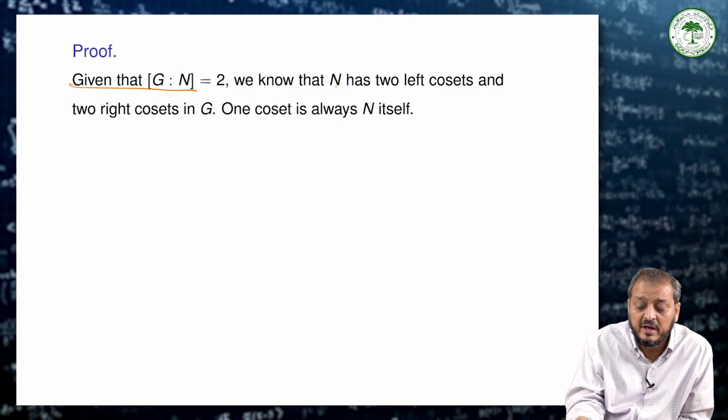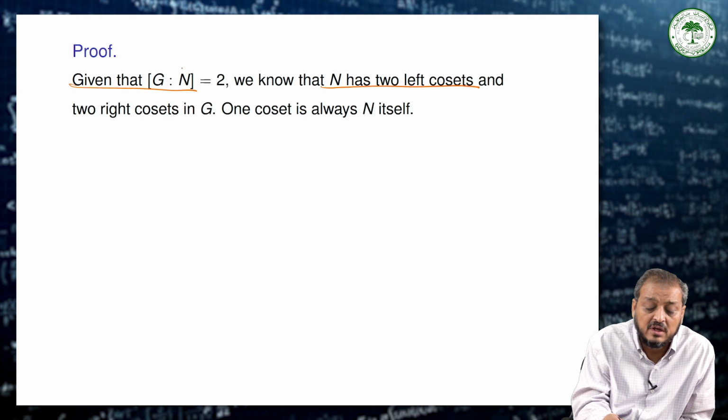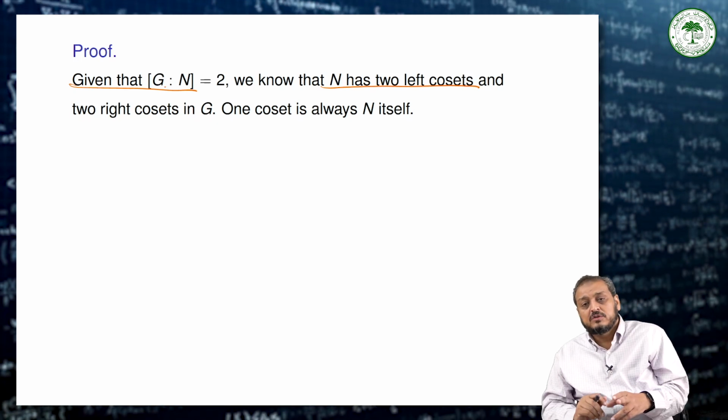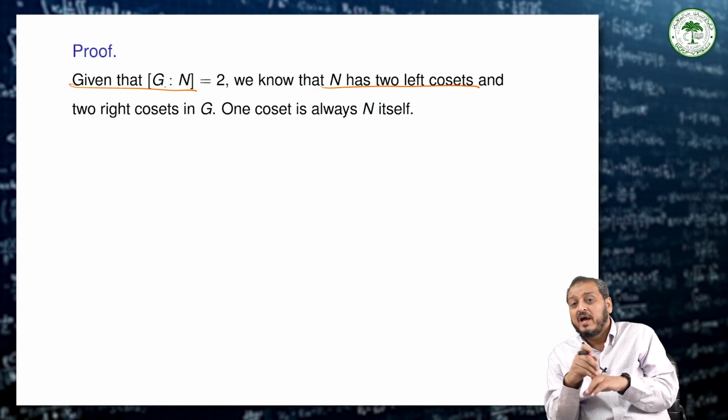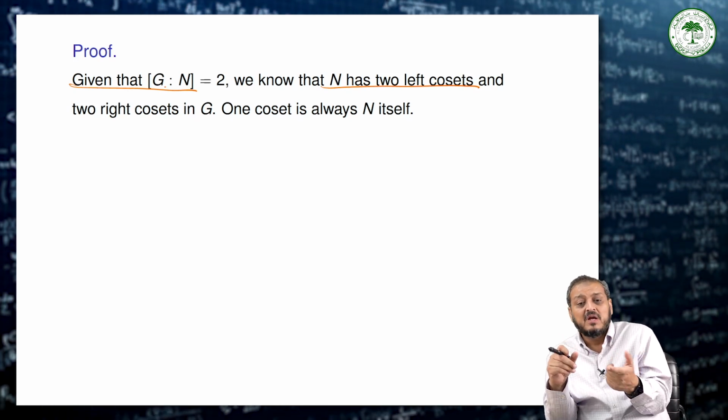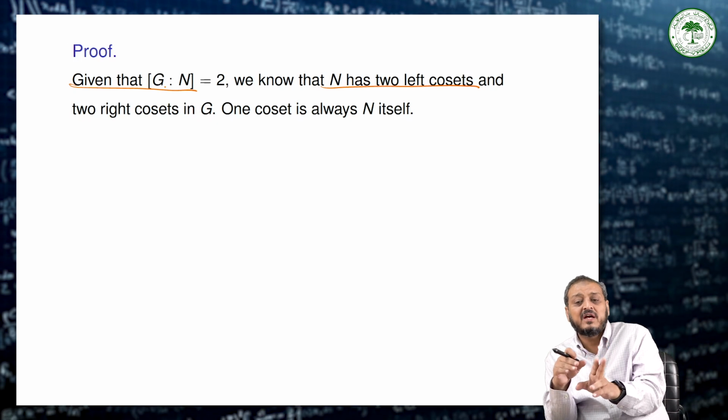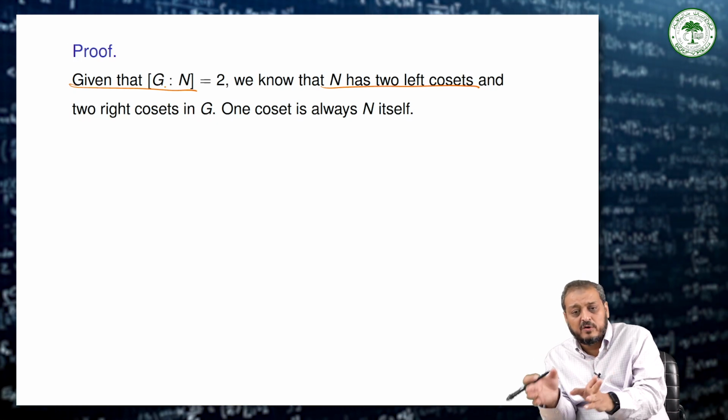So we know that N has 2 left cosets. If the index is equal to 2, this means G has 2 left cosets, and one of the left cosets is N itself. So simply we can say that N has 2 left and 2 right cosets.